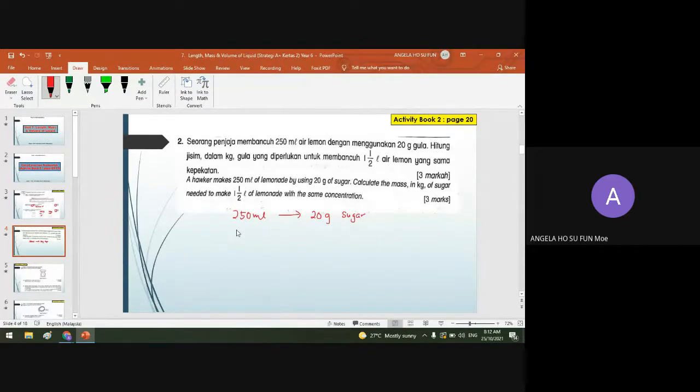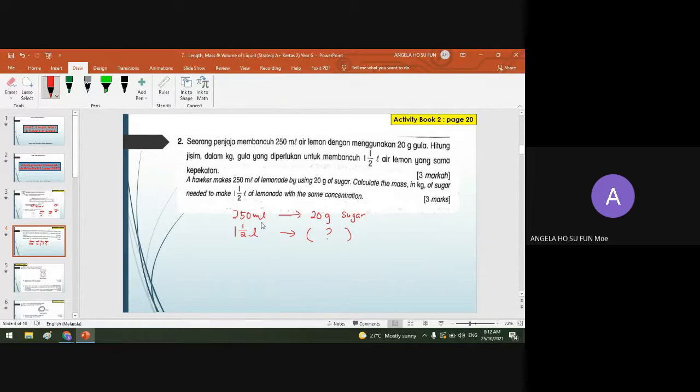So if I need to make 1.5 liter of the lemonade, what is the amount of sugar in mass that I need? So what should I do?